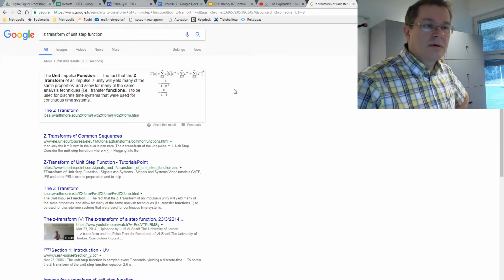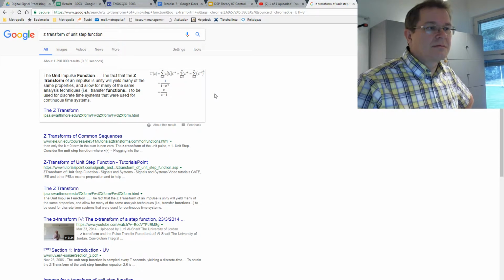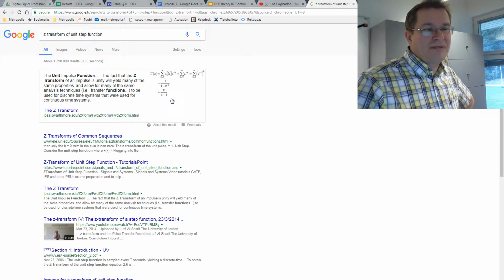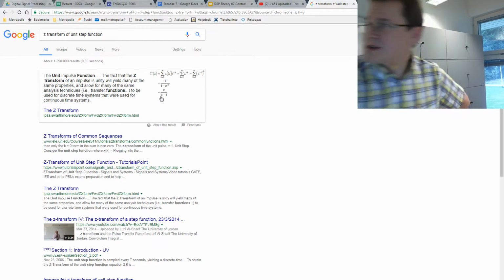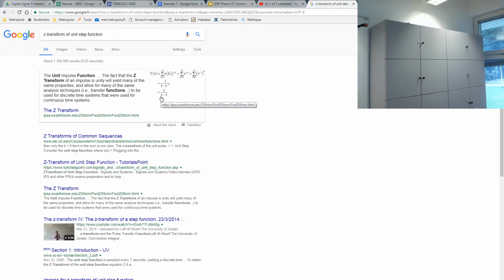The z transform of the unit step looks like z divided by z minus 1.